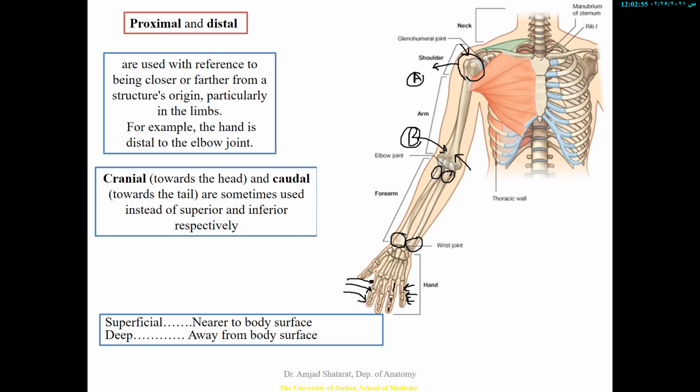Now if you turn the fingers up, as if you are indicating to the sky, that wouldn't change the fact that the tip of your finger, that phalanx, is still the distal one, and the one close to the palm of the hand is the proximal one.